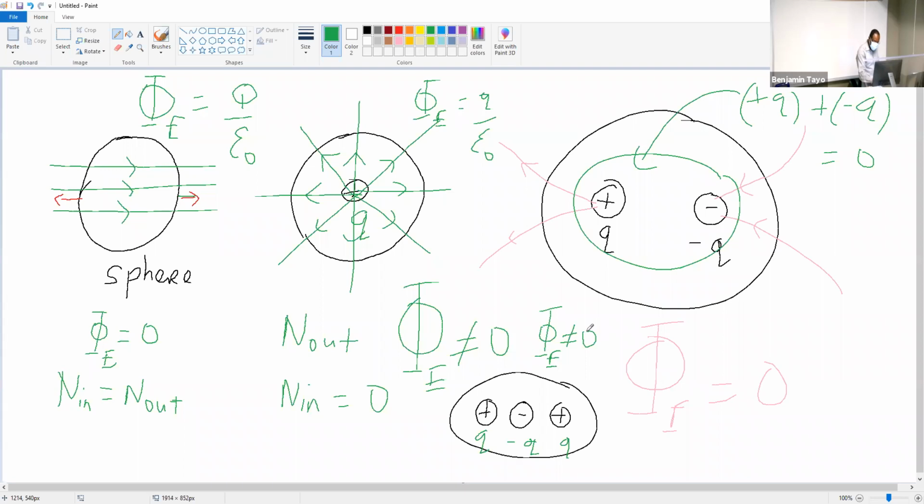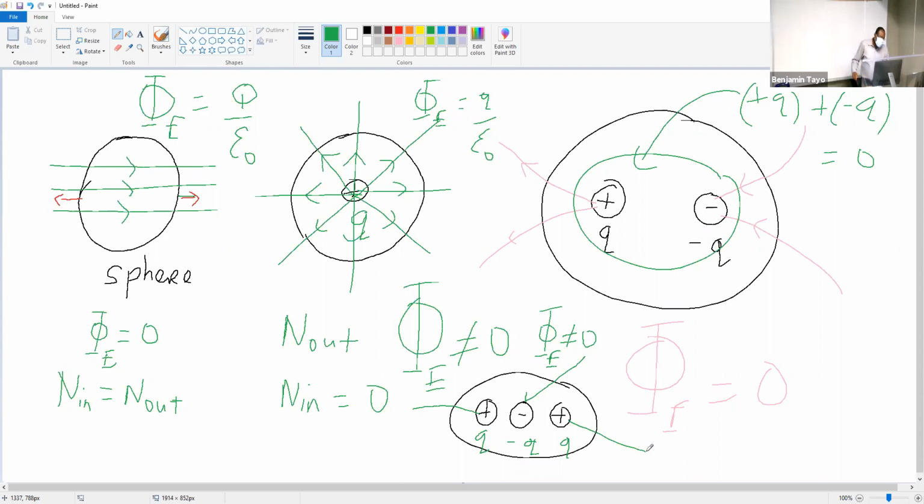The reason is that for every field line that goes out here, one field line is going to come in here, right? But you also have an extra field line coming out from this extra positive charge. So I'm going to get an overall more field lines going out than coming in. And so that will give me a flux that is not zero.